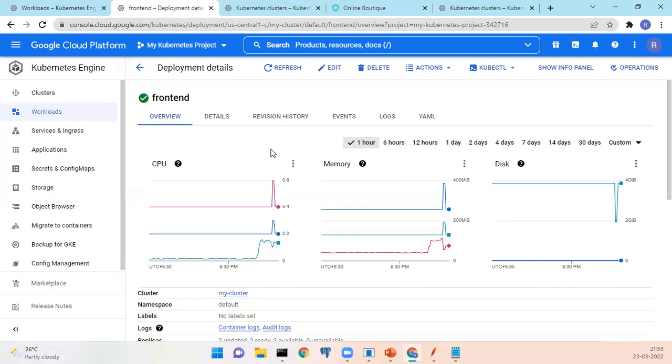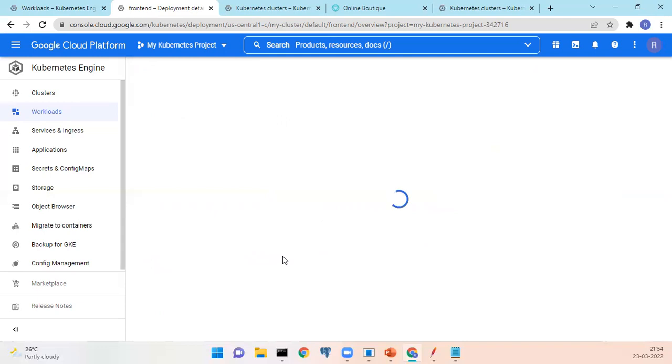When I deleted the node, I could see there were errors for a couple of seconds, because the requests handled by that particular pod failed. But from the Kubernetes side, the moment it found that a pod had crashed, it created a new pod in place of the old one. That happened immediately, and now it's able to handle so much load.